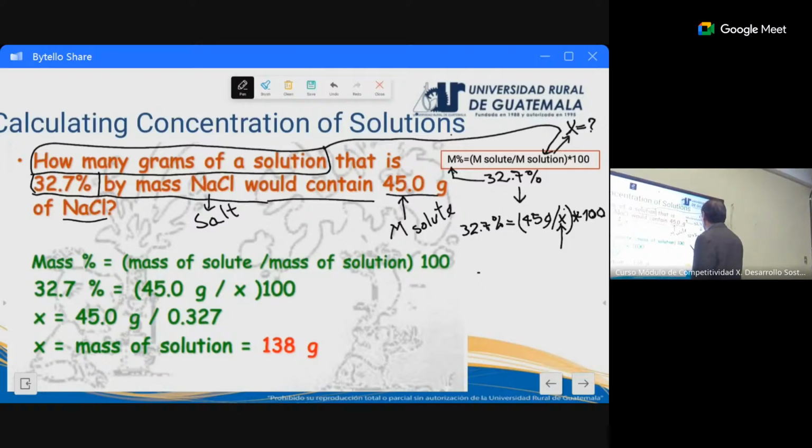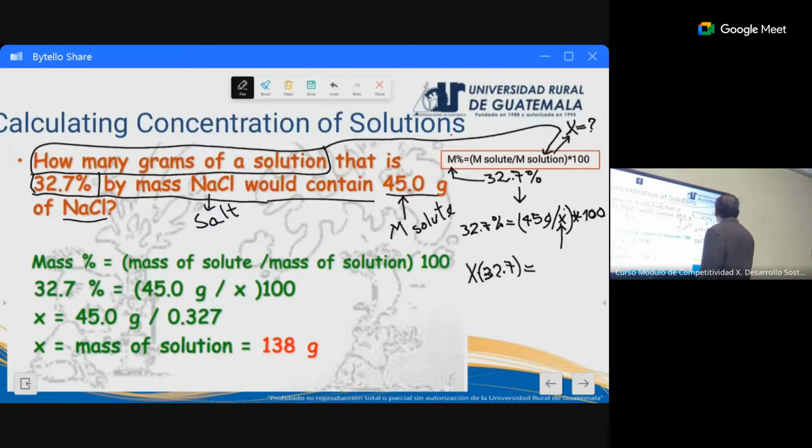We do it this way: X multiplied by 32.7% will be equal to 45 grams multiplied by 100.